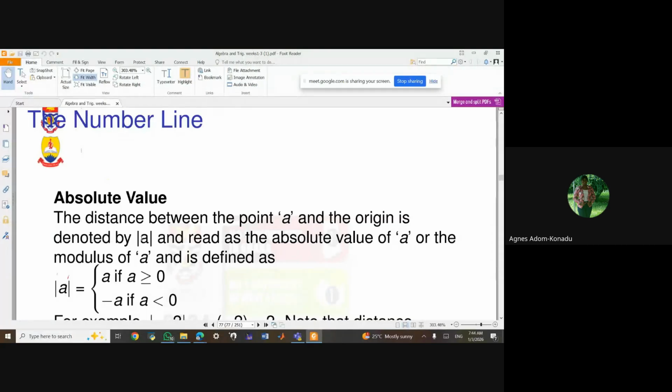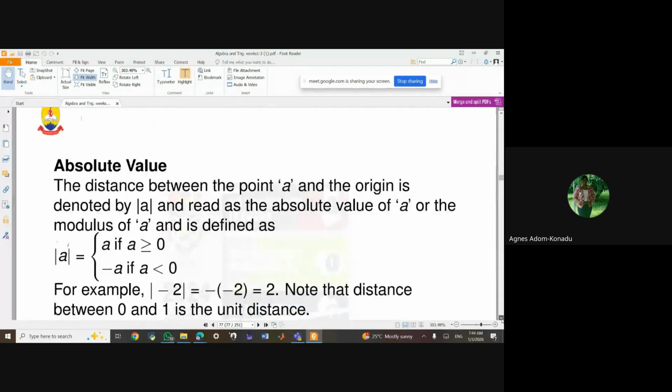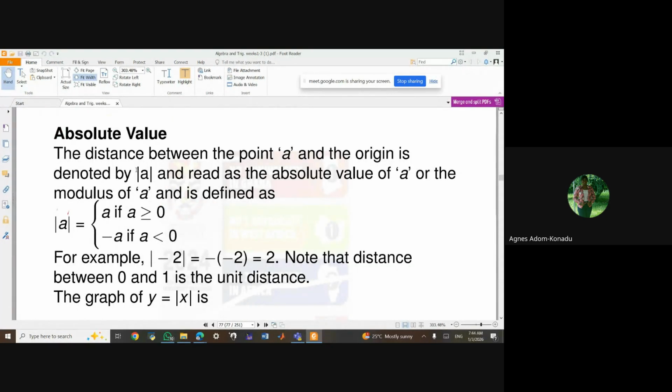So I said that absolute A, we read it as absolute of A, which is the same as modulus of A. And you're going to get two parts. The absolute of a negative number is positive, and the absolute of a positive number is also positive.